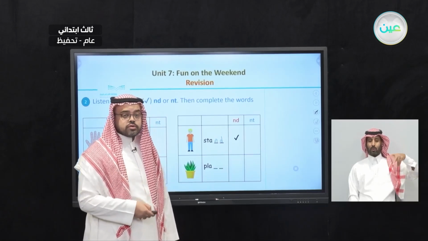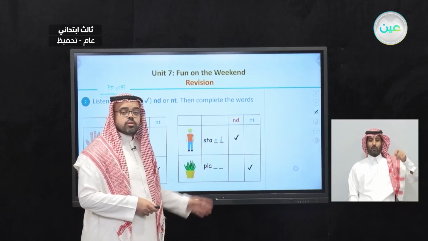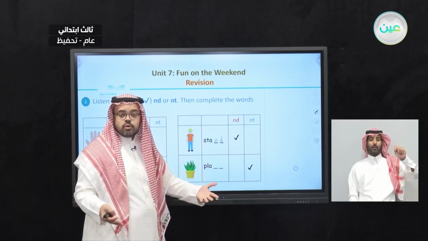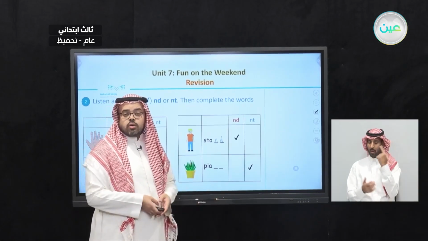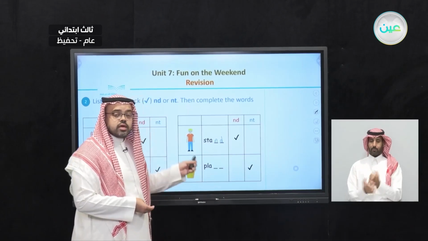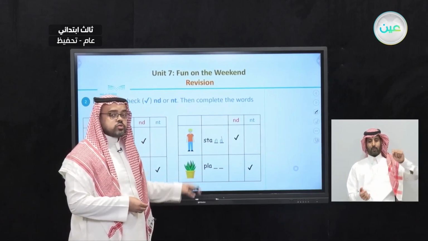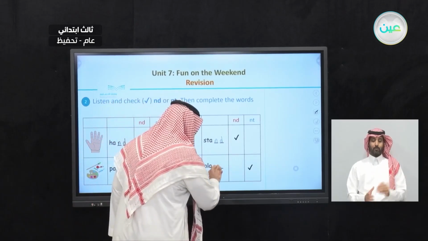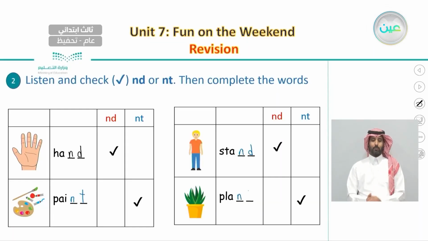It, of course, ends with NT, plant. Where can we water plants? In front of our houses or in our garden. Plant ends with NT, so now we'll write NT right here in these two blanks. Very good. So here you go.